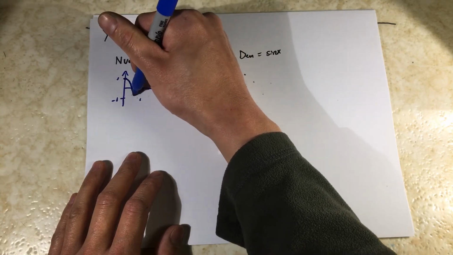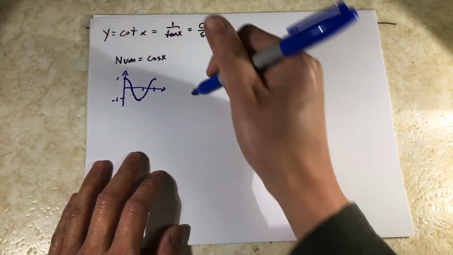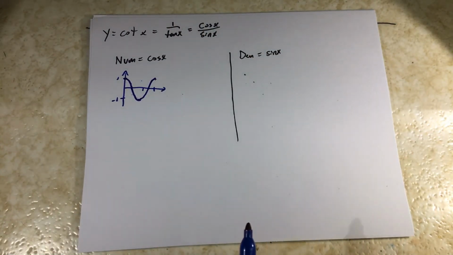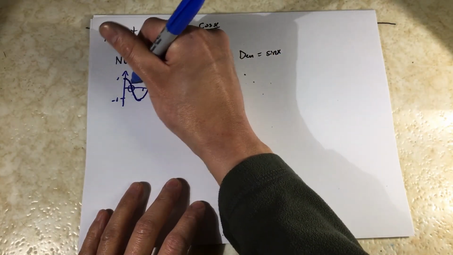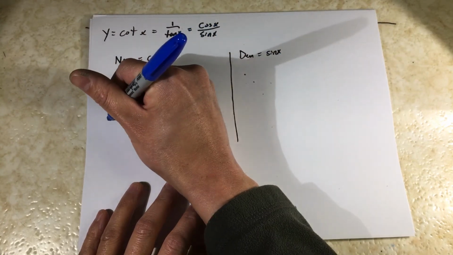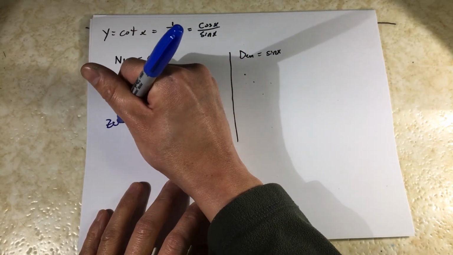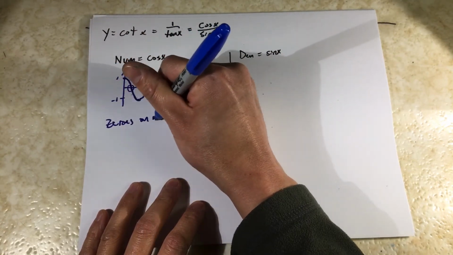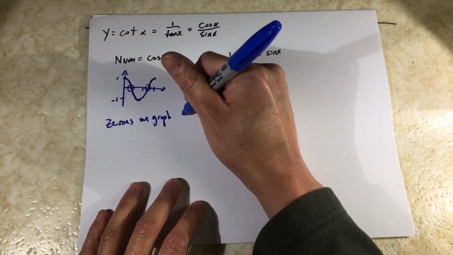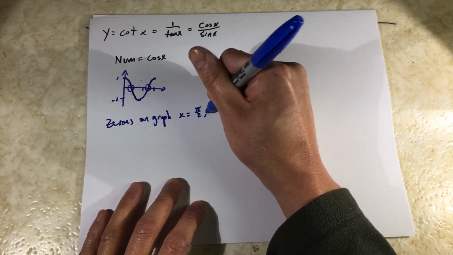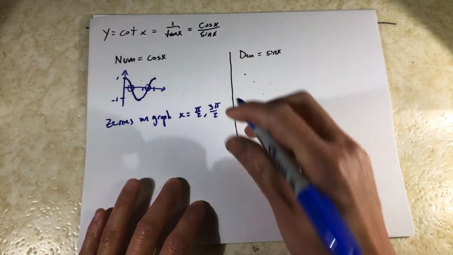I did this a little bit sloppier than I should have, but hopefully you get the idea. So where is this zero? We're going to have zeros on the graph at x equals pi over 2 and 3 pi over 2.